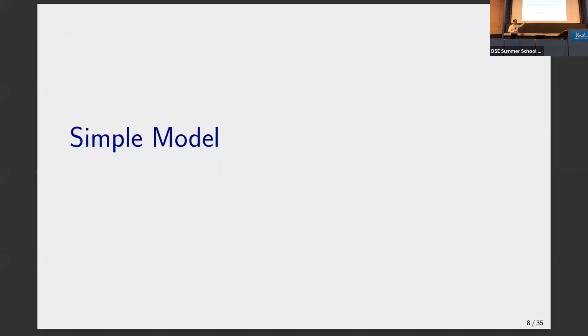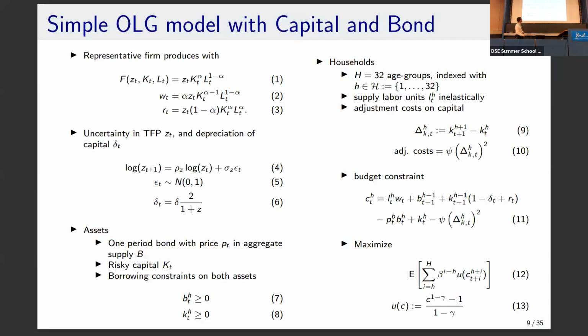This so far has been a little bit abstract, maybe, if you haven't worked with this yet. So I want to introduce a simple model, which I will use for concreteness to go step by step through what we are doing. The simple model is an overlapping generations model with capital and bonds and 32 age groups.